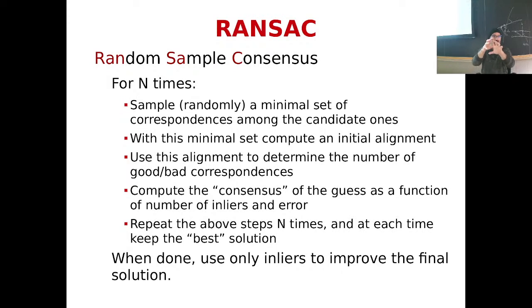And then you take this solution and you put it on a side, writing down also how many inliers, how many good ones you have out of total, and what is the value of the solution. And then you try it a second time, no? And then you repeat it, and you repeat it. And each time, if the new solution is better than the previous solution, you discard the previous solution and you keep the best one. You repeat this procedure n times, and at the end you stop. Now we will see how much is n.